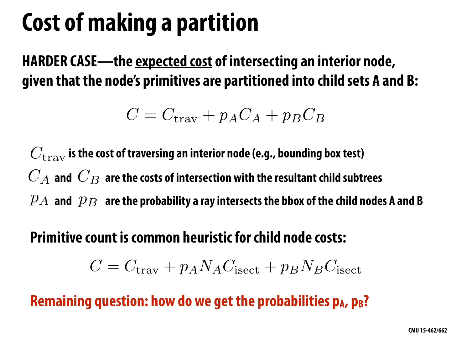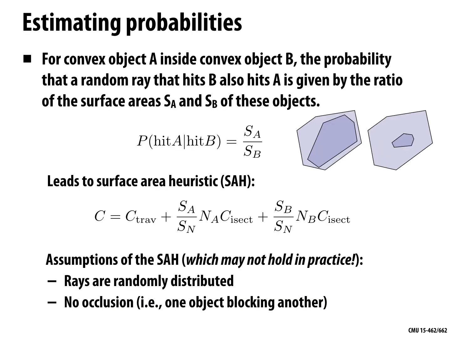They could send us completely random rays. They could send us rays that only touch part of the scene. So again, we need to come up with a heuristic, something that models things well enough to capture the average behavior. And one common way to do this is to use something called the surface area heuristic.